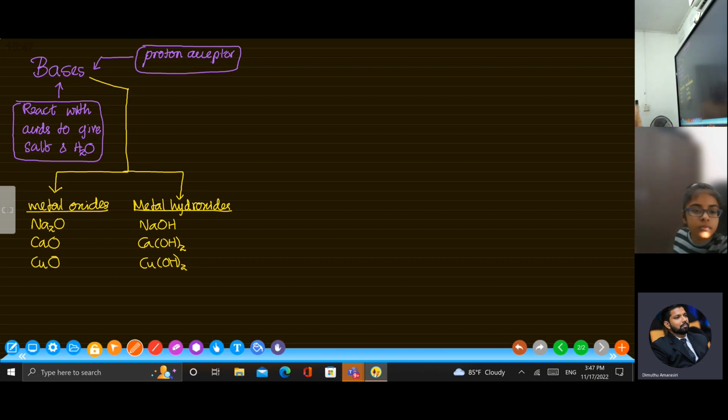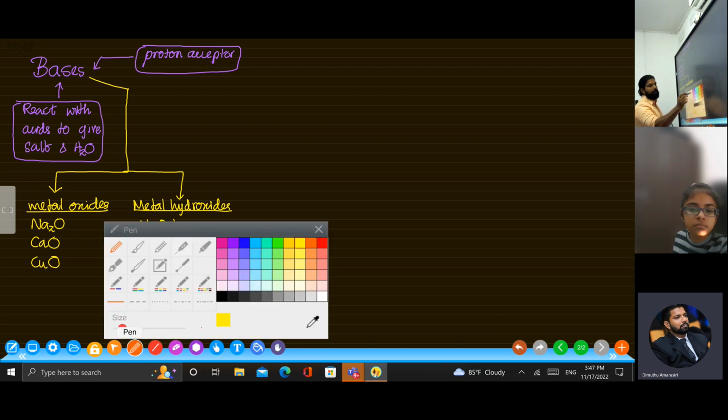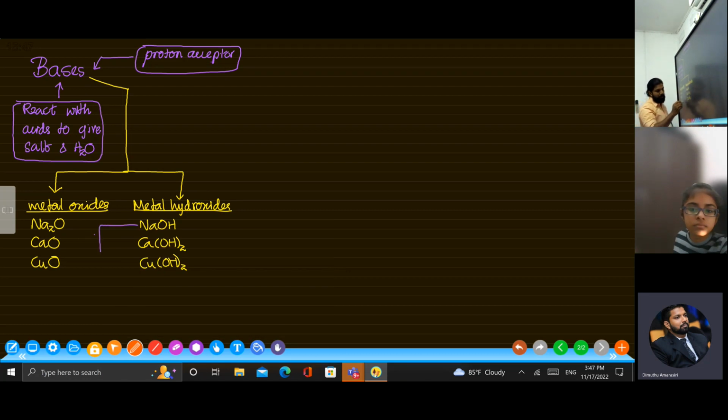Out of these hydroxides, some are soluble and the others are insoluble. Sodium hydroxide is a soluble base. The soluble bases are also called what? Alkalis. Soluble bases are called alkalis.